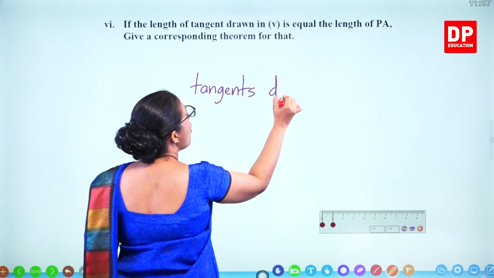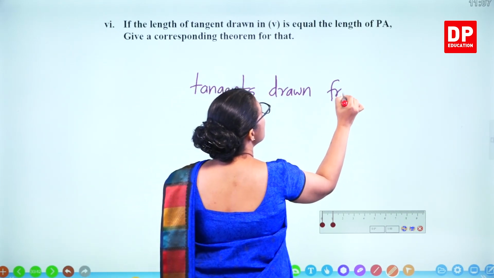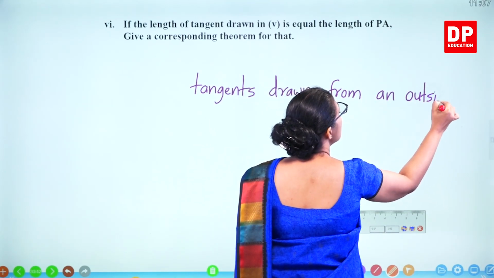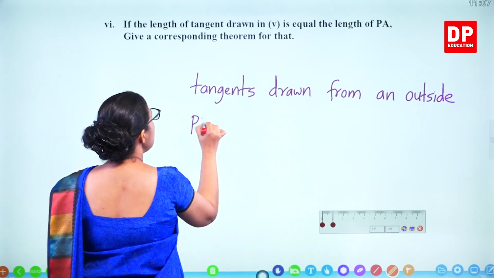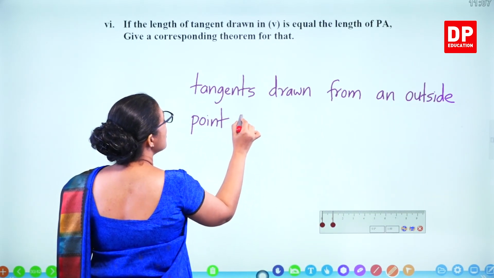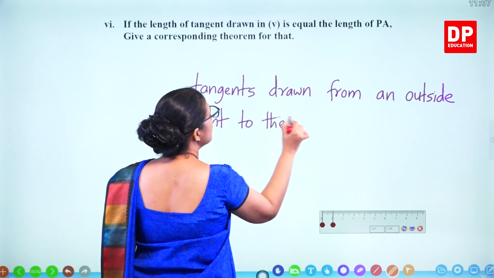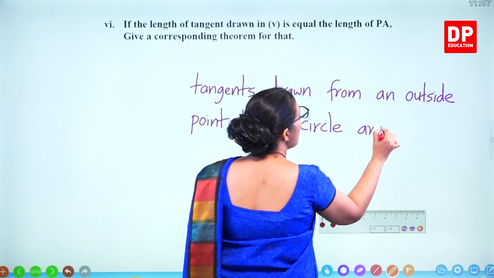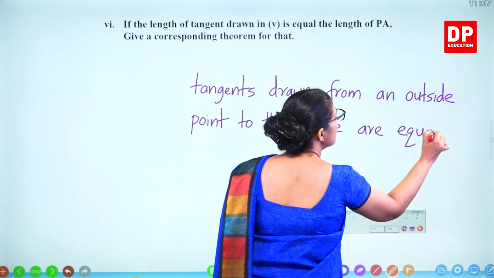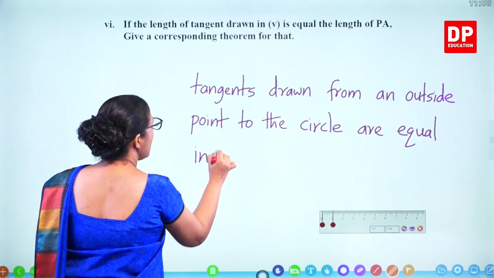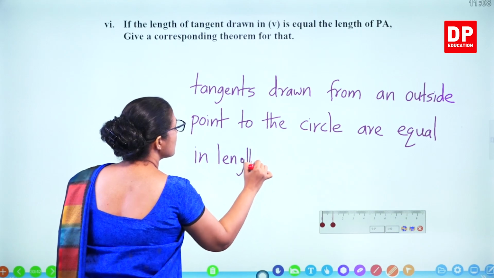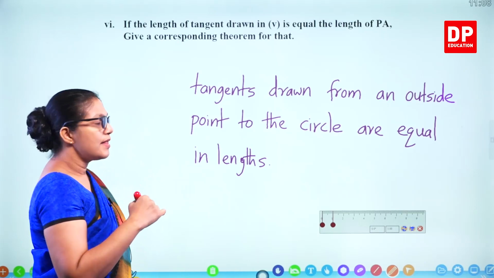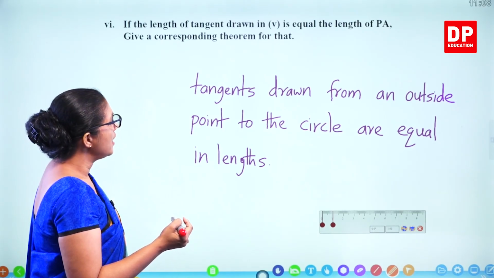Tangents drawn from an outside point to the circle are equal in lengths. So that's what we used. That's why PA and the other tangent both are equal.